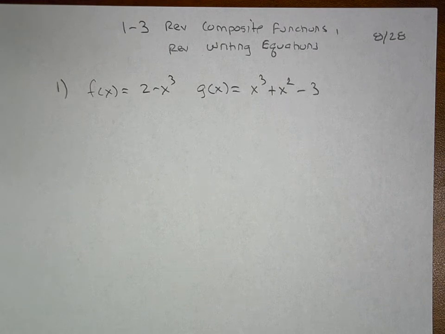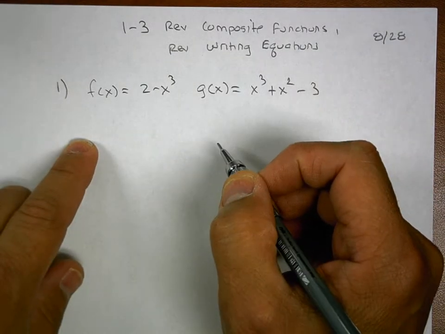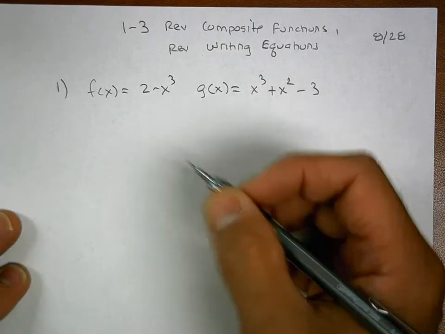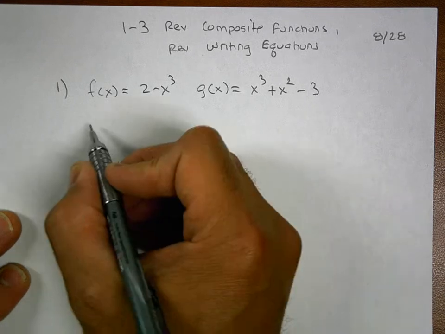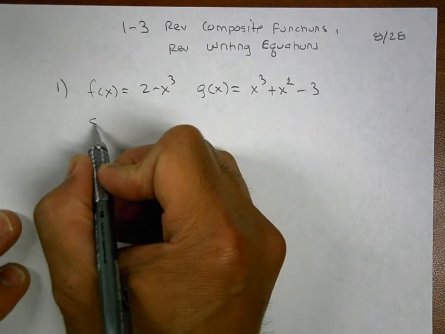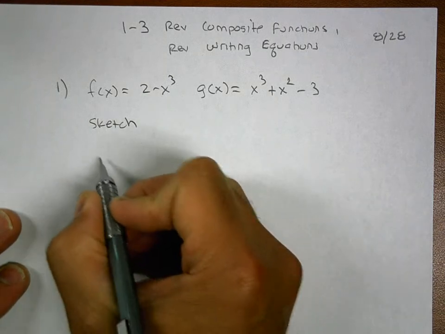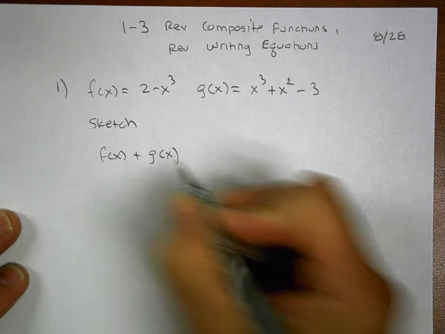And actually, this is not going to be a composite function. A composite function is like f of g of x or even g of f of x. This one, I just want you to perform an operation on the functions. Let's say we're going to sketch the graph f of x plus g of x.